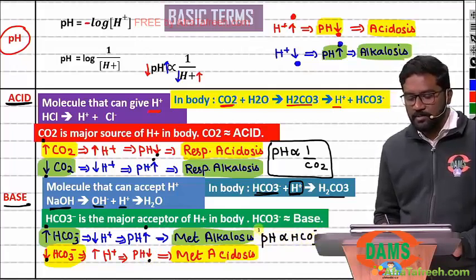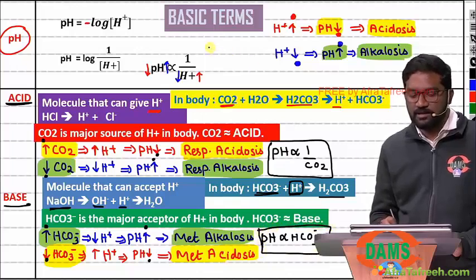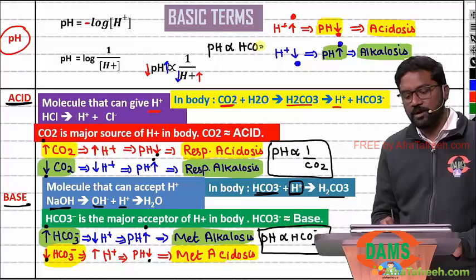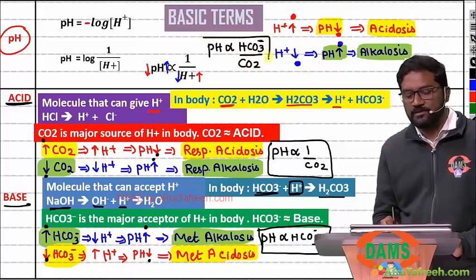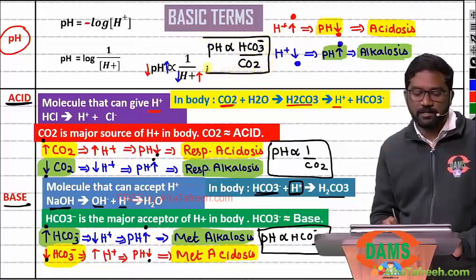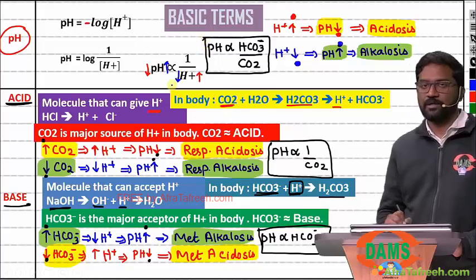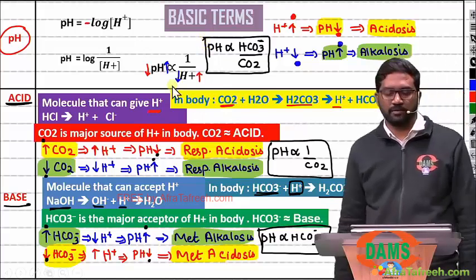Now merging these two equations, can I write a single equation like this? pH is directly proportional to bicarbonate by CO2. Now this is the basic relationship between pH, bicarbonate and CO2 in your body.